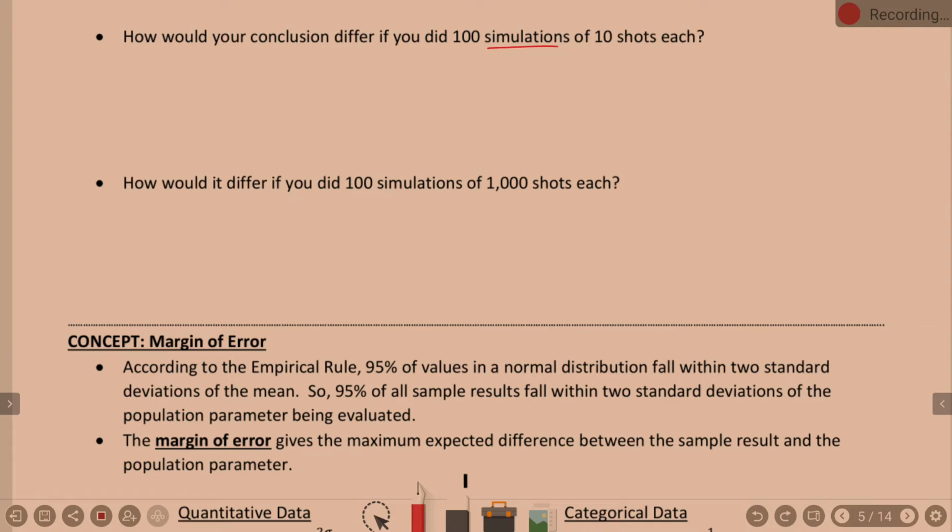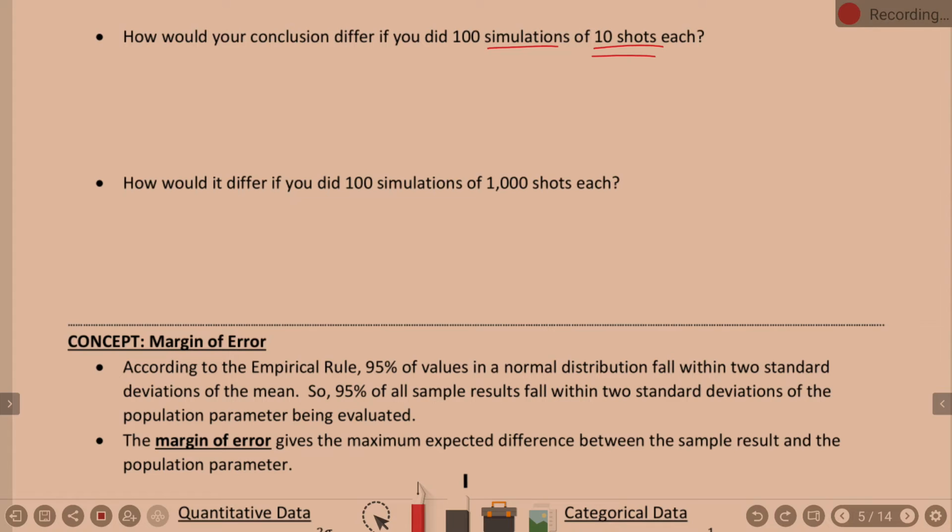So, with that in mind, still 100 simulations, but 10 shots instead of 50 shots. So we have a smaller sample size here, right? What's going to happen with a smaller sample size? Would the percentage be less accurate? Yeah. We don't necessarily know if it's going to be a higher percentage or a lower percentage because that's going to be random, but it's not going to be as accurate. When you don't have as many of those numbers to repeatedly look at, it's not going to be as accurate.